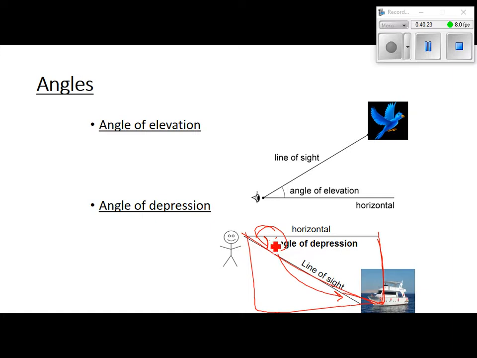Or if this angle of depression was 20 degrees, we could just find this angle right here and just use it. What do we know about those two angles? They have to add up to how much? 90 degrees. So either way, with angle of elevation, usually it's not that hard because usually we're trying to find how high up the bird is off the ground or how far we are from where the bird's flying at.